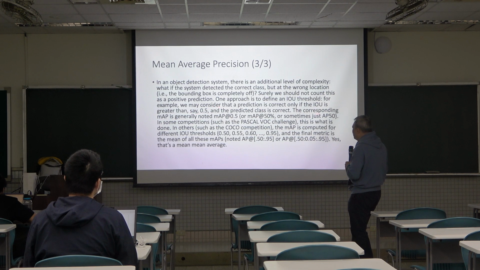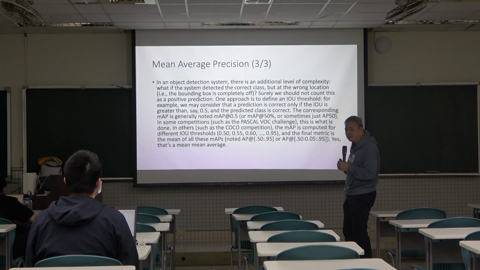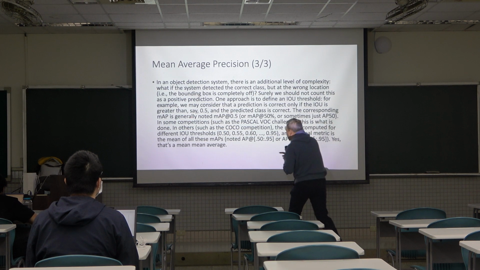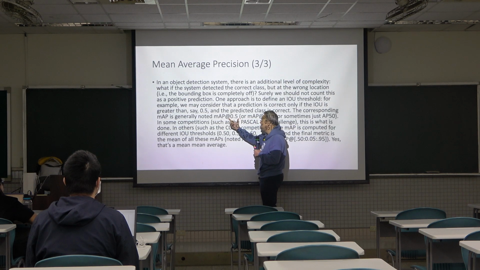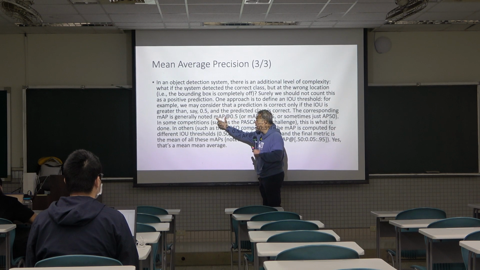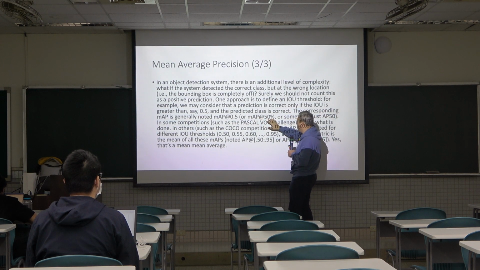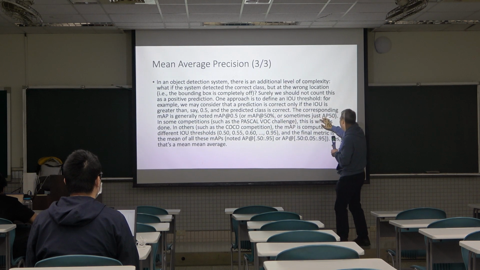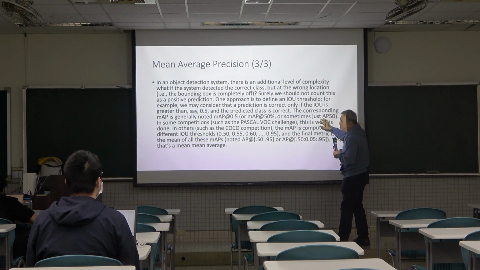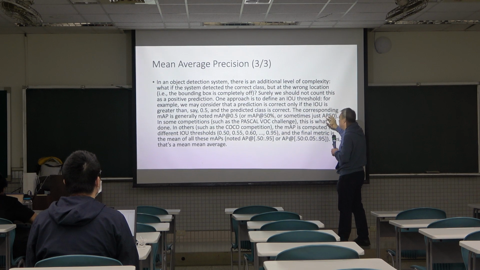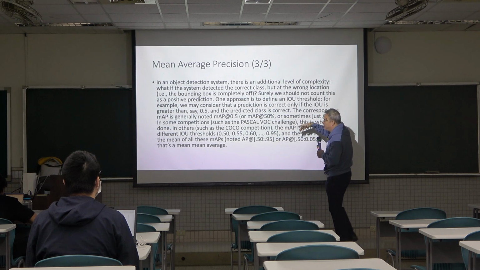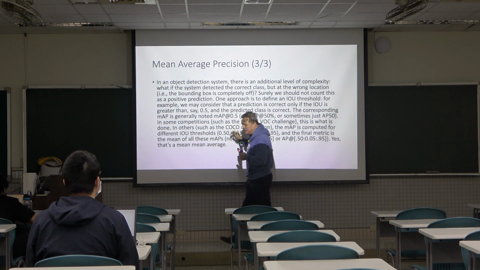The mAP under this consideration is called mAP at 0.5. Sometimes we also say mAP at 50% or AP50. There are many ways to write it, but basically it means the same thing.